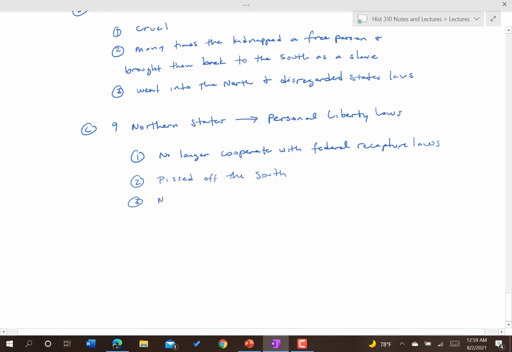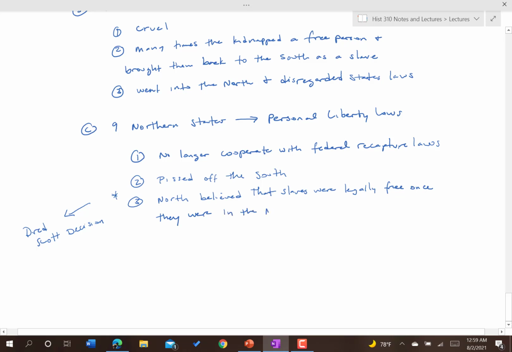This is also going to be connected to, see, all these things are connected to stuff, the Dred Scott decision that we'll look at. The North believed, or many people, again, the North is not the whole entirety of the North. It definitely was not that homogenous, but many people in the North believed that the slaves were legally free once they were in the North, right?